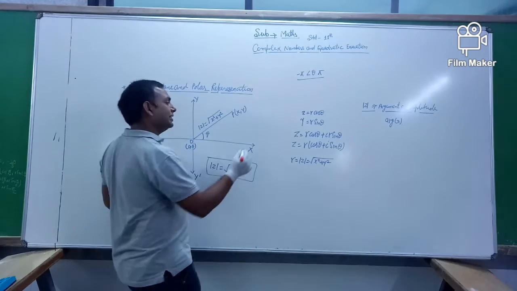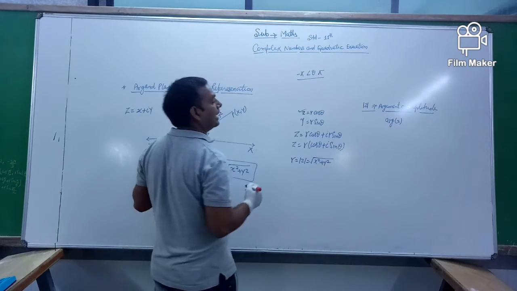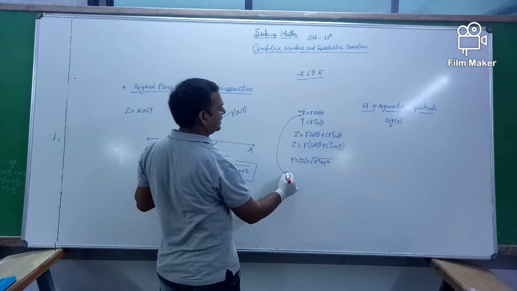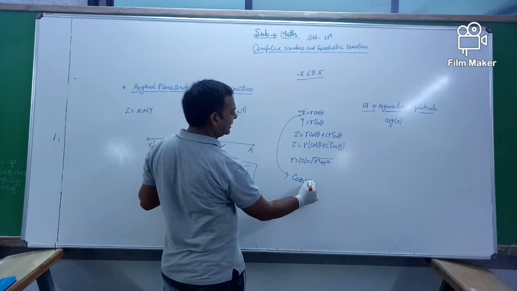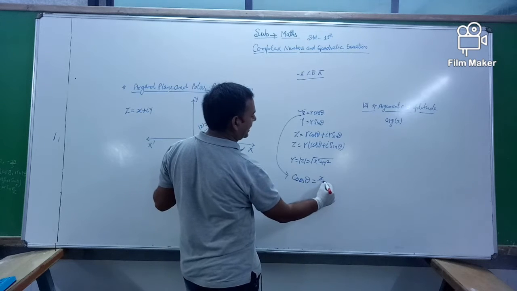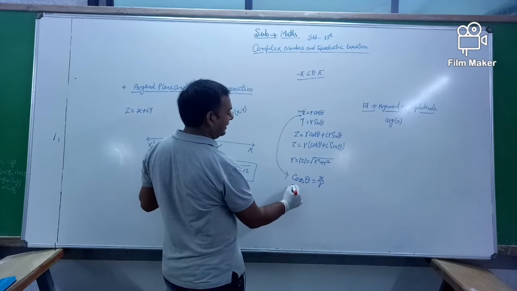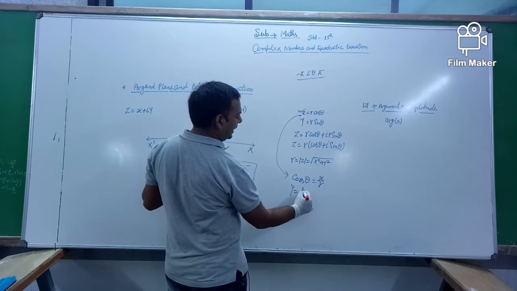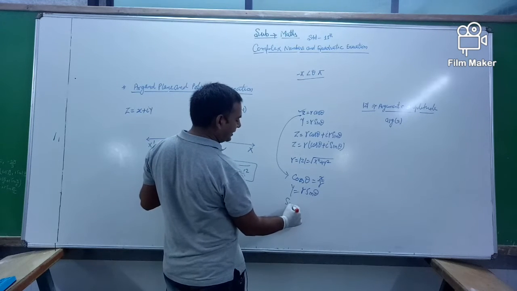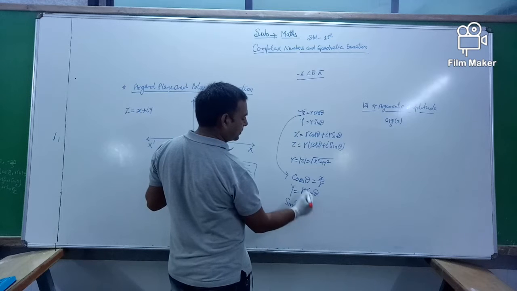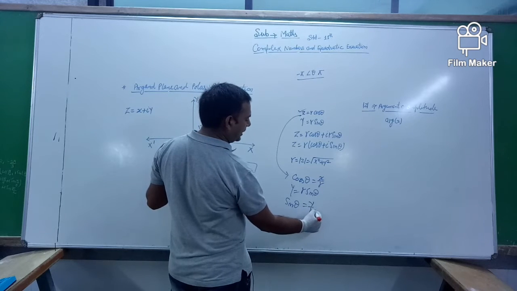So you take x is equal to r cos theta, that is, cos theta is equal to x by r, and y is equal to r sin theta, that is, sin theta is equal to y upon r.